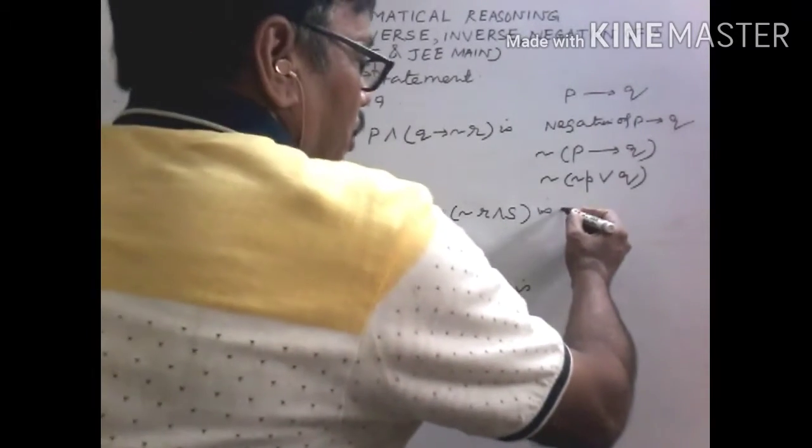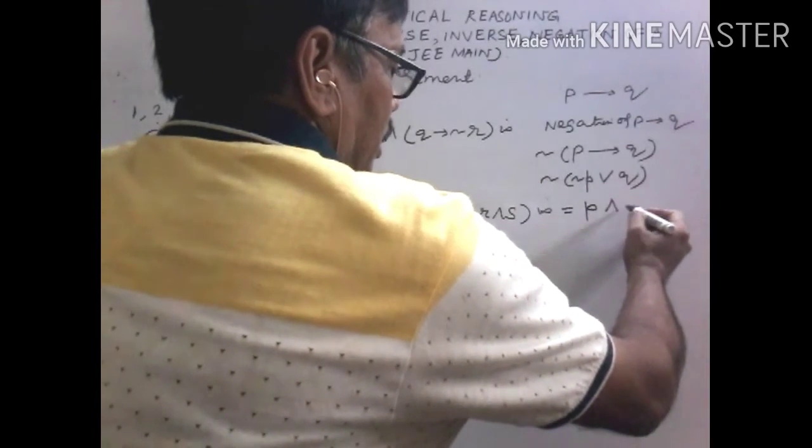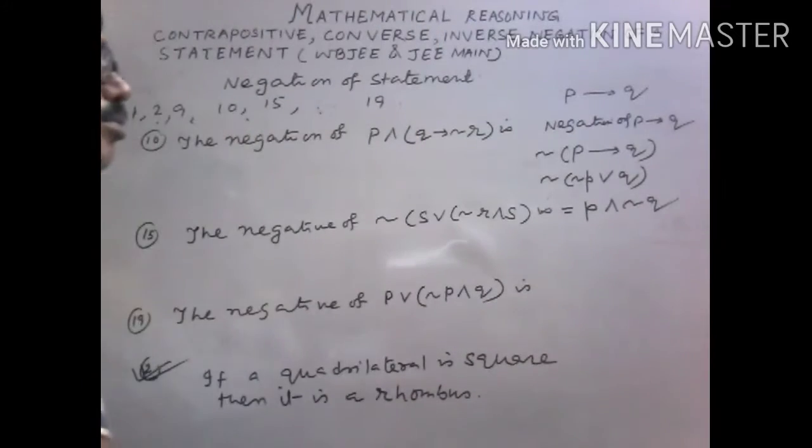So this is equivalent to, by De Morgan's law, P intersection negation Q.